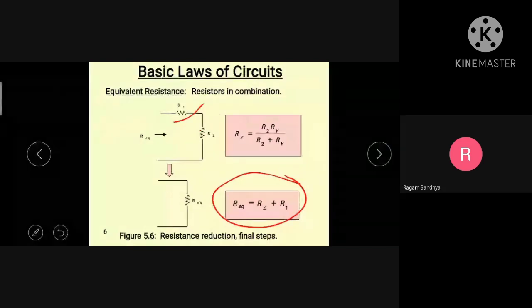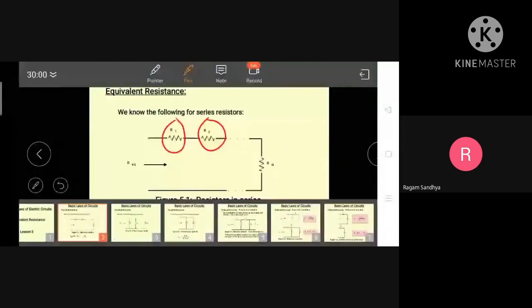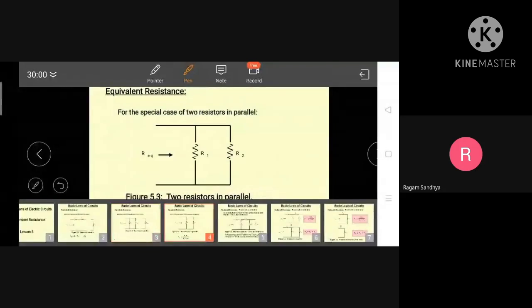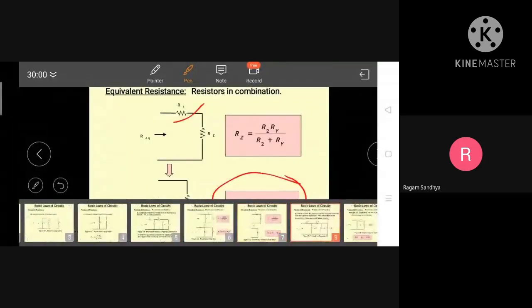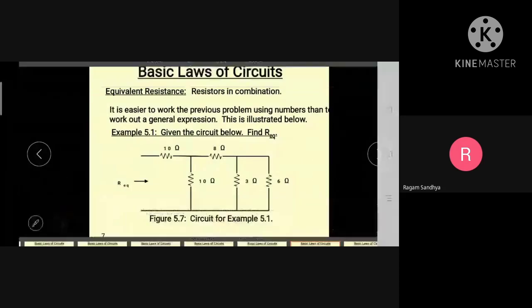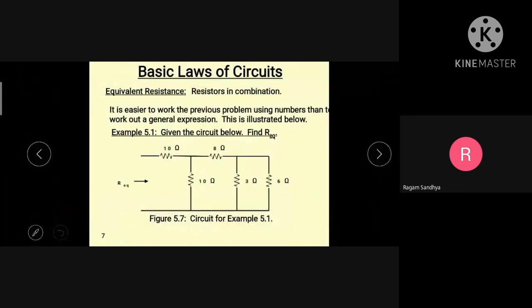Now come to the problem. Find the equivalent resistance using a total of 5 resistors.